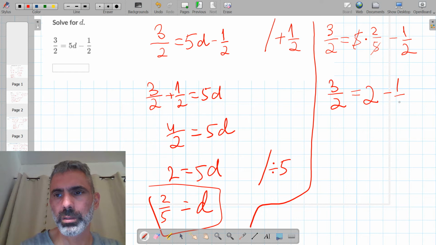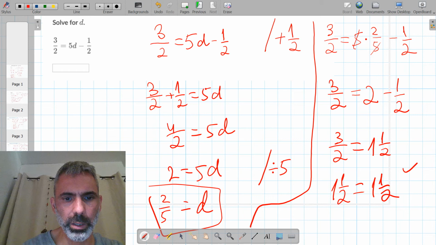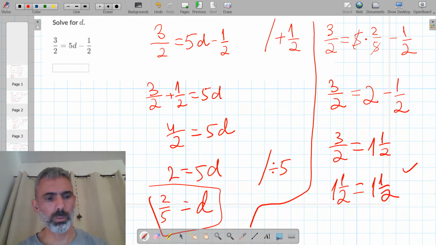Okay, so 3 over 2 equals 1.5, because 2 minus 1 half is 1.5, and 3 over 2 is 1.5. If I write it as a mixed number, 1.5 equals 1.5, which means that this is correct. So D is indeed 2/5.